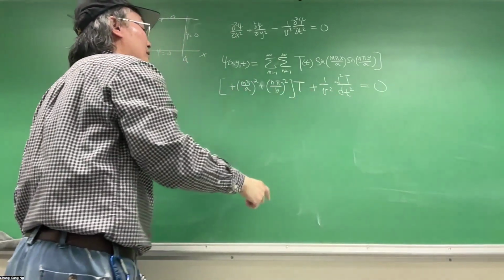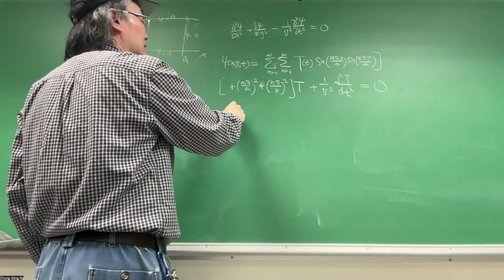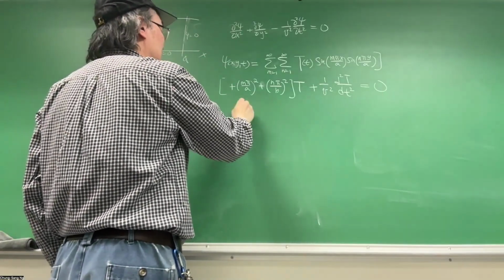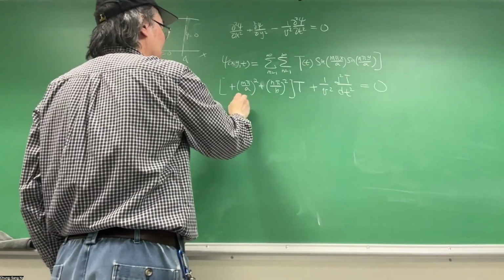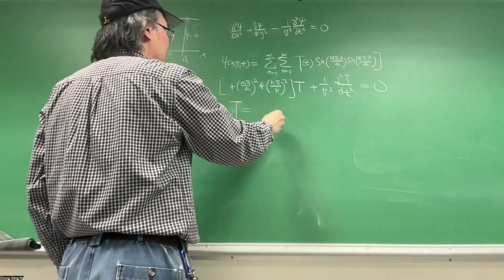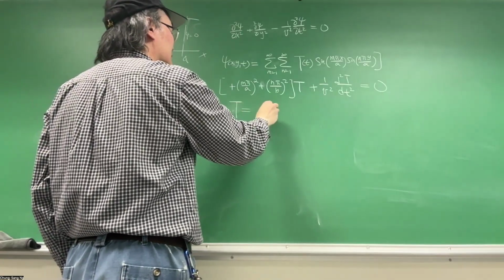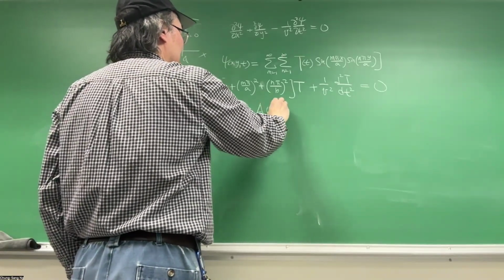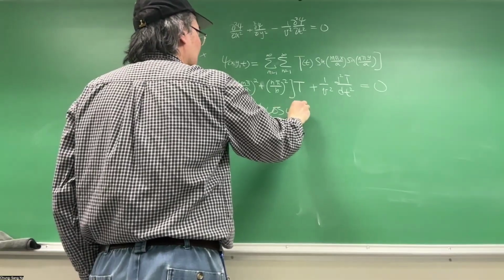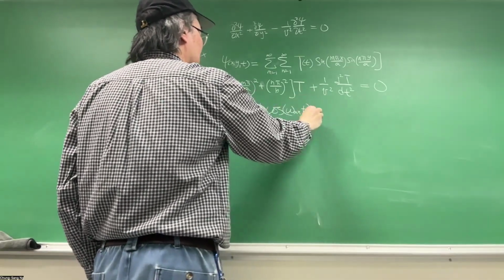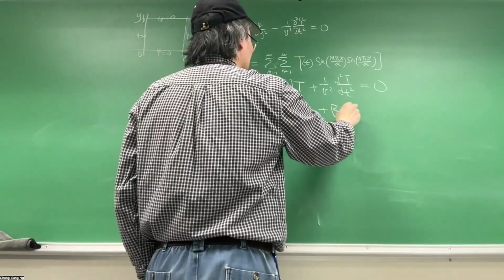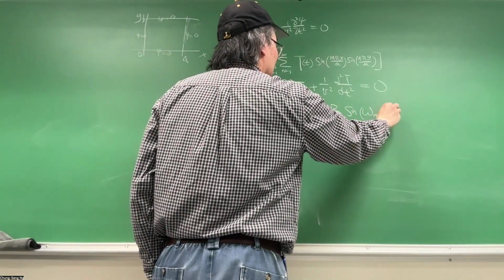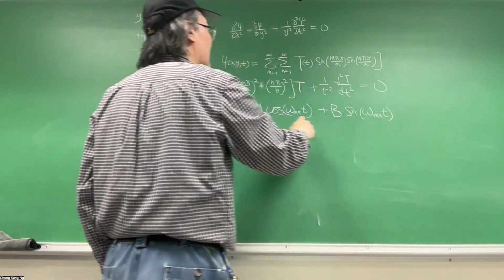So you can just write down t as some parameter A sine omega mn t plus B sine omega mn t, right?